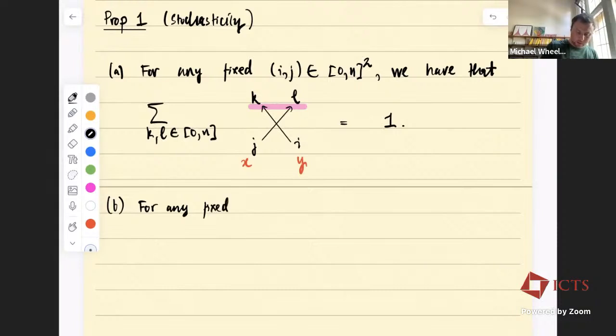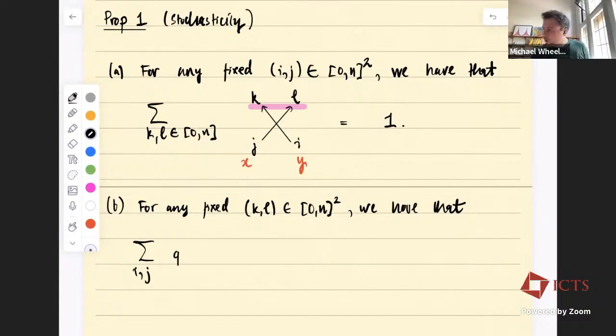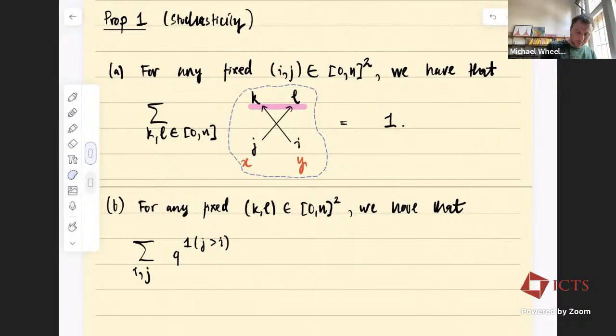So for any fixed K and L, again living in the Cartesian product of the state space, we have the following. Now I'm going to sum over i and j, and I need to put a Q factor in here. So it's going to be, again, Q to the indicator that j is greater than i. And basically the same picture as here. Just copy it.